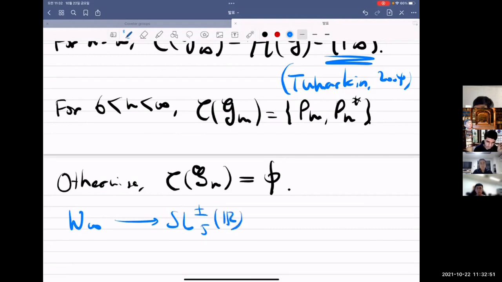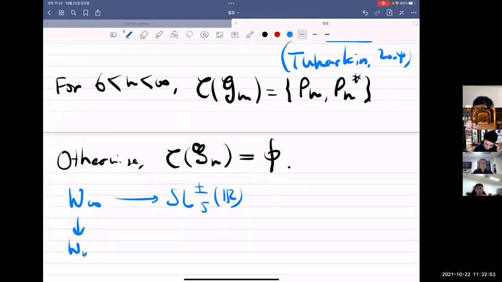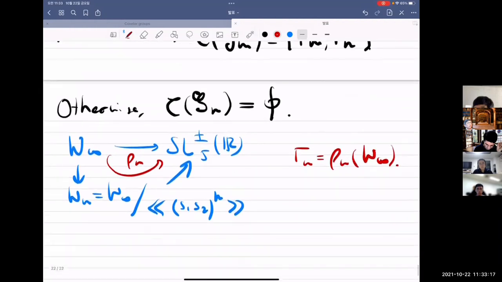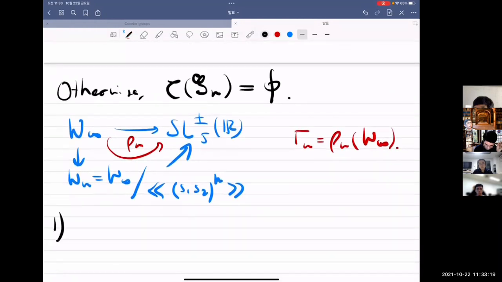Because of this, we can produce the representations into SL(5,R), and then W_M will be similar. So W_infinity quotient by the least normal subgroup generated by S1, S2^M, and this composition is ρ_M, and my Γ_M is ρ_M(W_infinity).